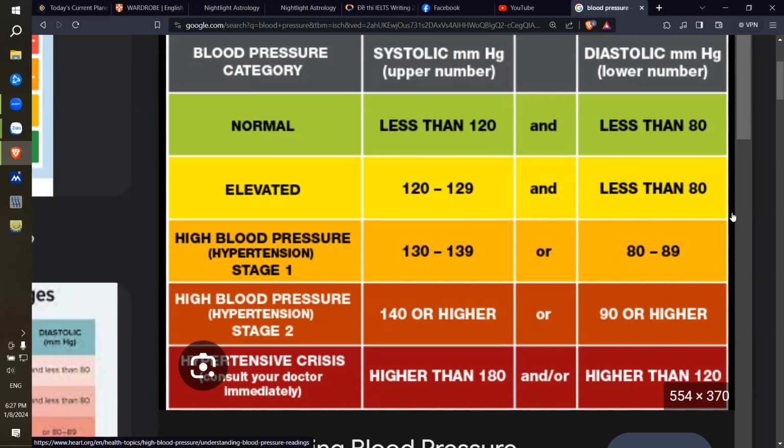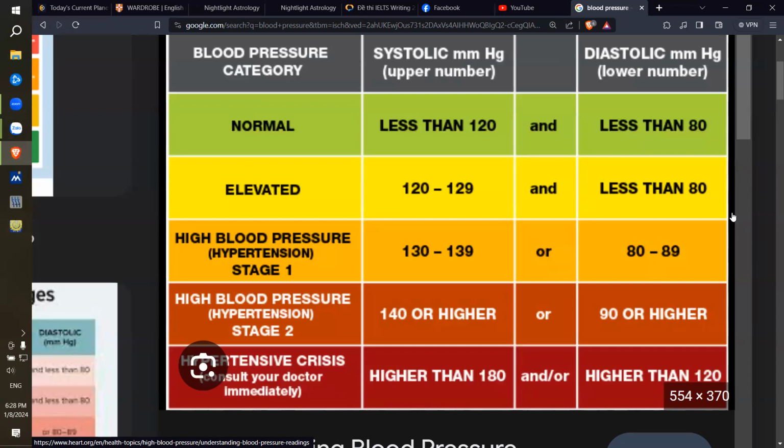It develops when the arteries that supply blood to the heart become clogged with plaque, which contains cholesterol and other substances. So the blood vessels become narrow, which can cause blood blockage and can lead to heart attack.